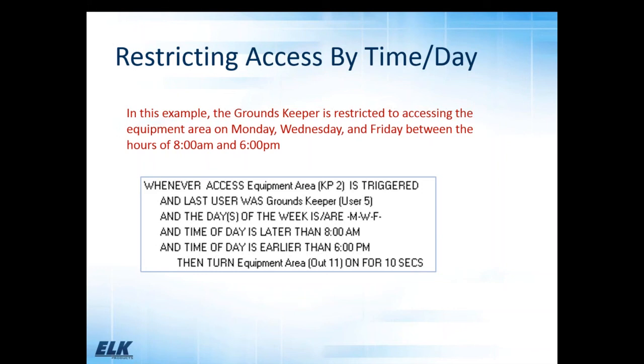The time would have to be later than 8 a.m. yet earlier than 6 p.m. for this rule to fire. So that's going to restrict him to these 3 days of the week during this time frame, and then he can gain access into this particular area.